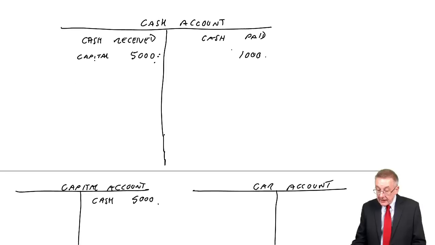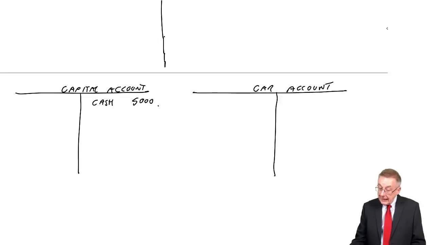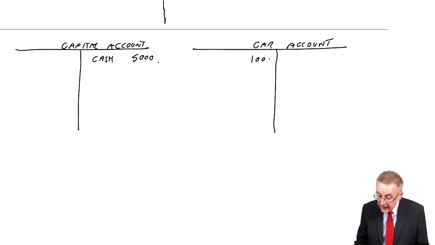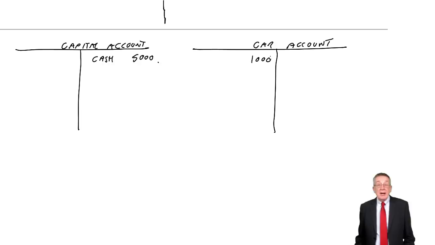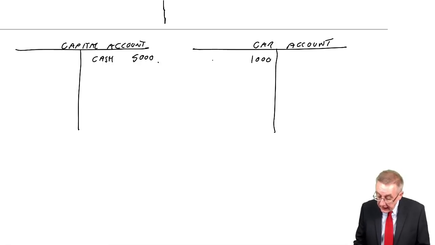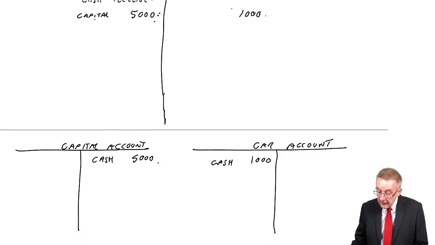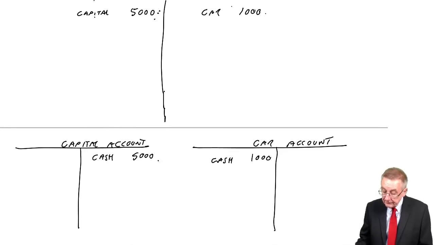It was on the right-hand page of cash, so now I'll put it on the left-hand page of car. Easy. Write against them where the other entry went. On the car account, the other entry was into cash. On the cash account, the other entry was to car.